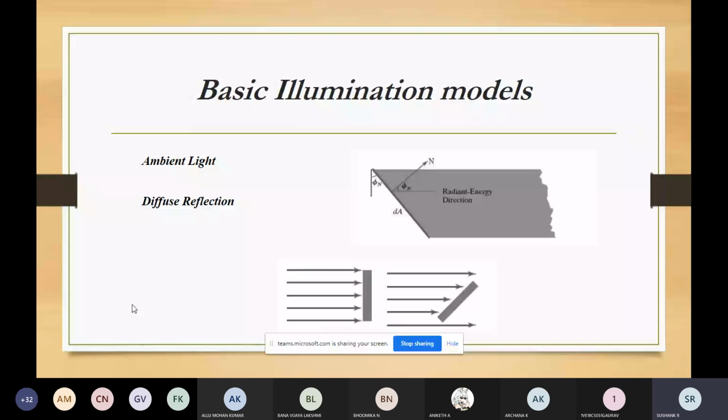The light which has fallen on the surface is scattered with equal intensity in all the directions.